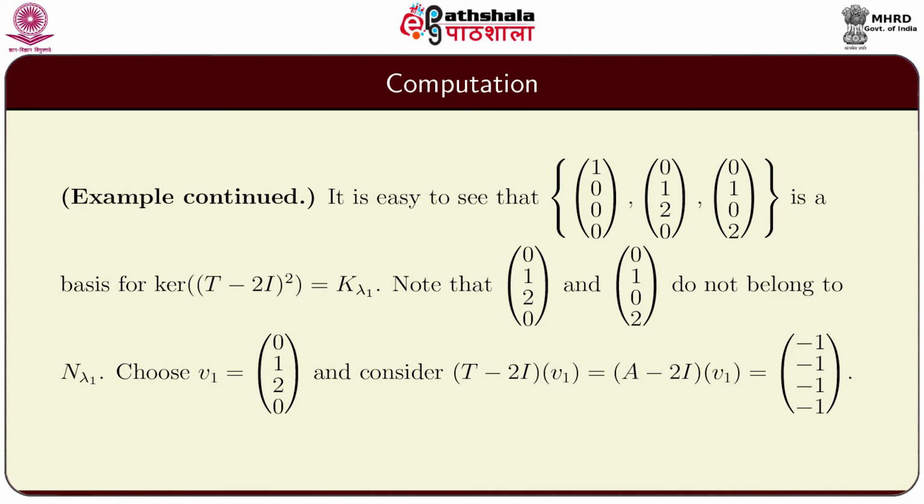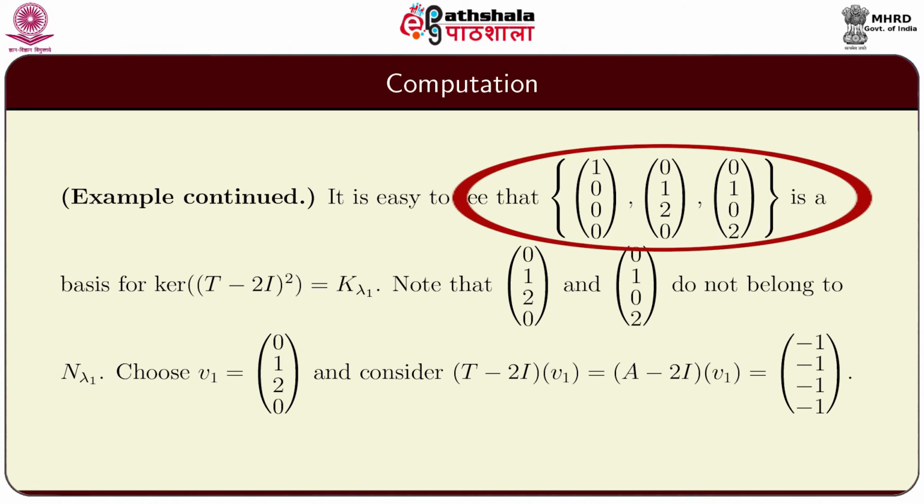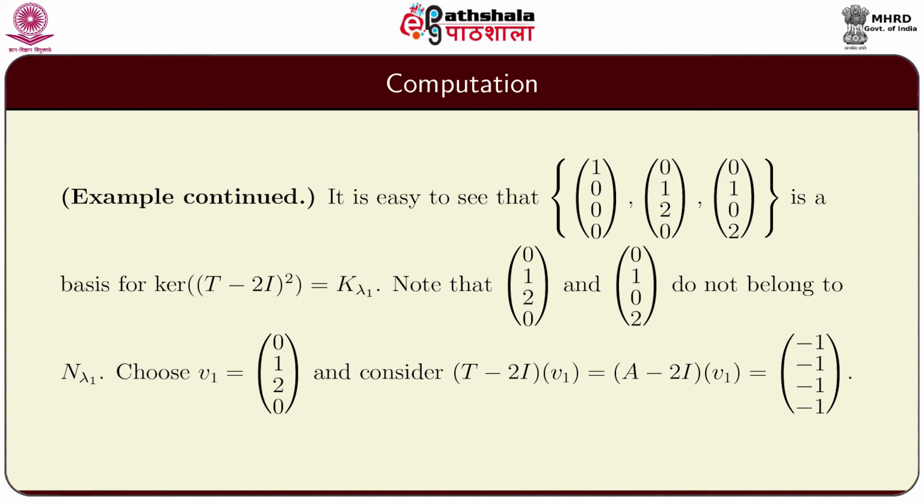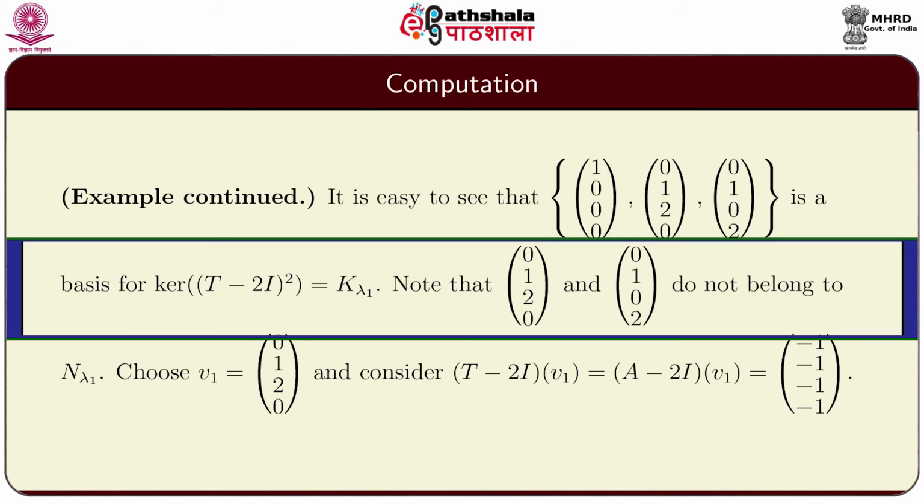It is not difficult to see that these 3 vectors 1, 0, 0, 0; 0, 1, 2, 0; and 0, 1, 0, 2 form a basis for kernel of (T minus 2I) square, which is K lambda 1.